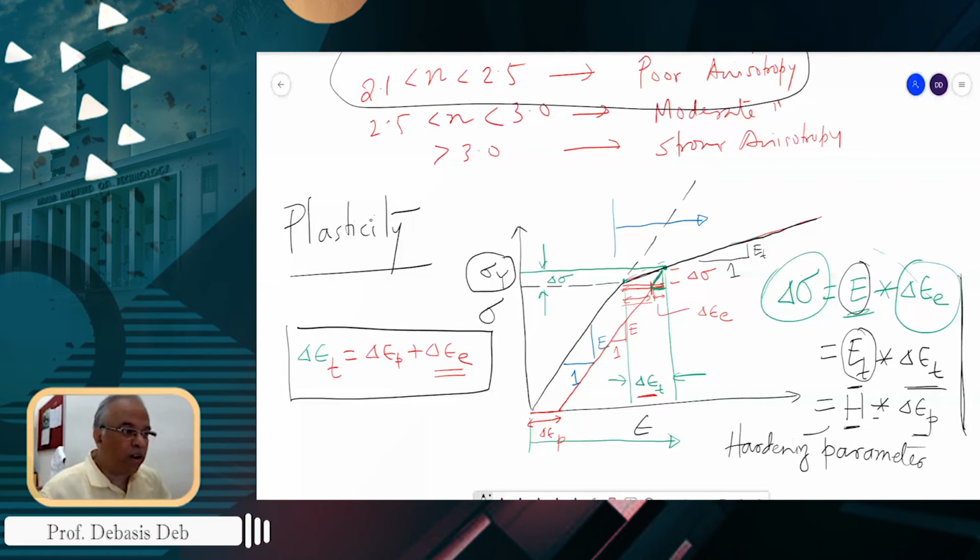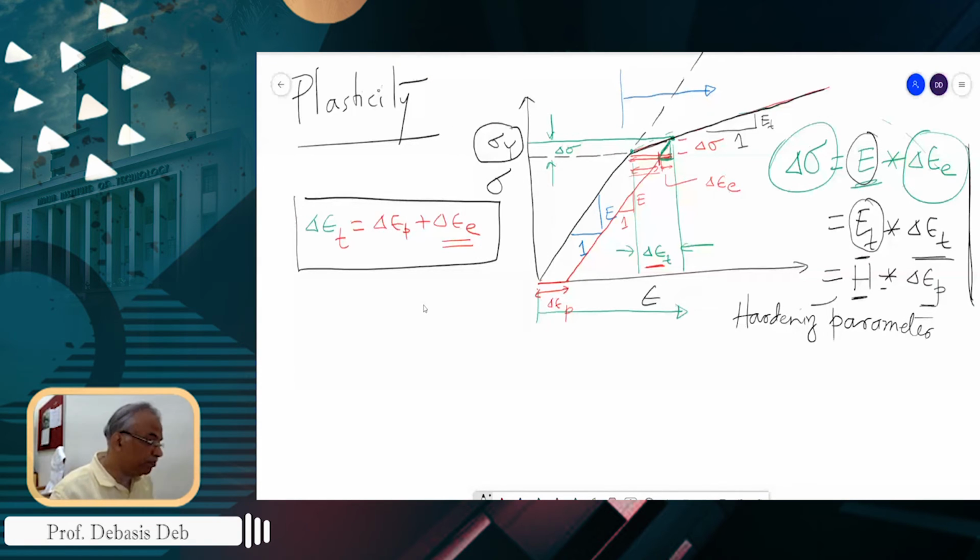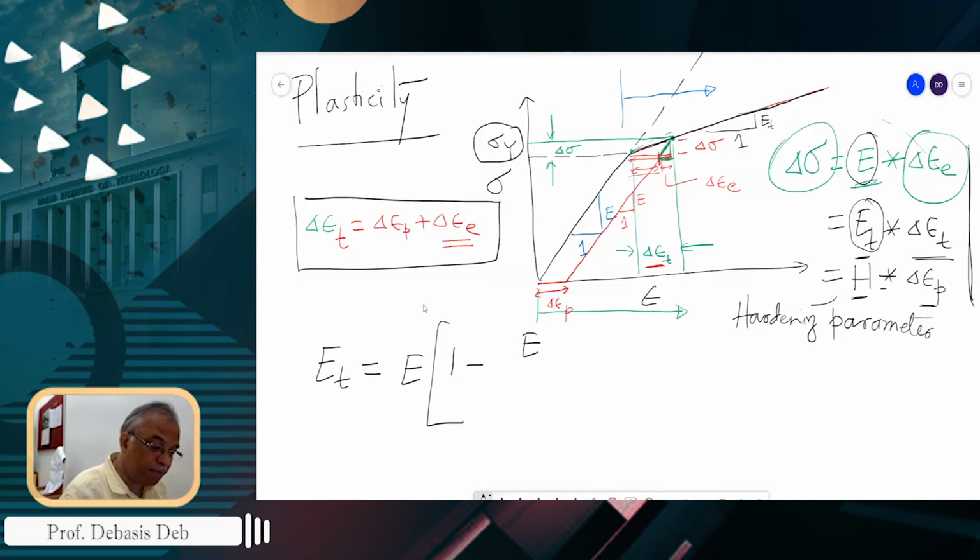Okay, now if I combine them together, I will get a relationship. This you can derive at home also. It becomes ET. I am not deriving it here, but you can do it. You have to use this relationship.